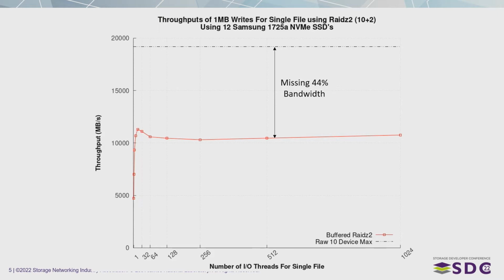This is due to several memory copies found inside ZFS, and we have a project occurring in parallel with this one that will solve this issue. So for the purposes of this presentation, the red line is the maximum performance achievable.